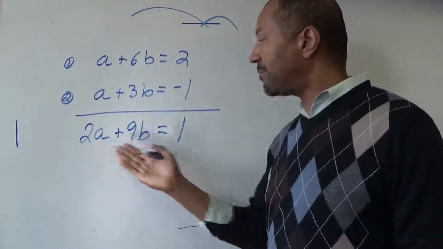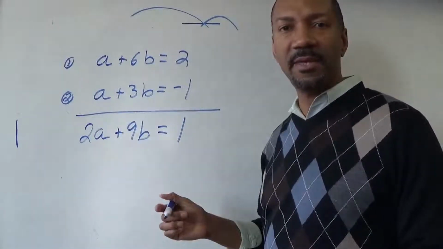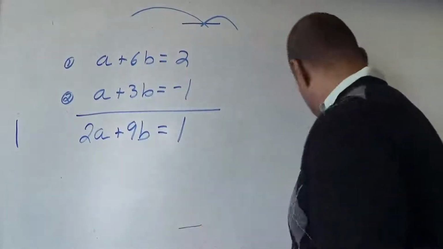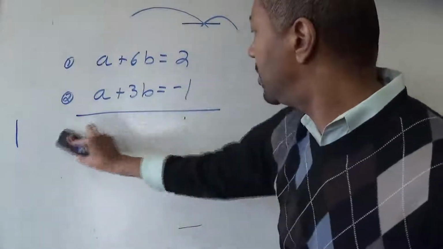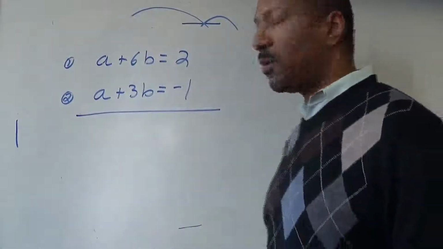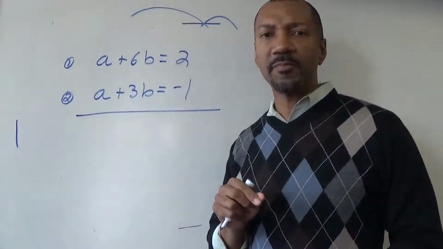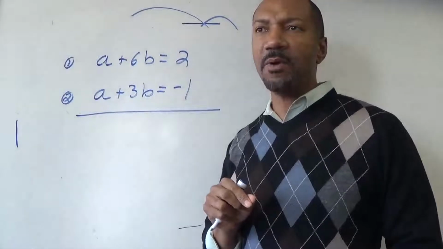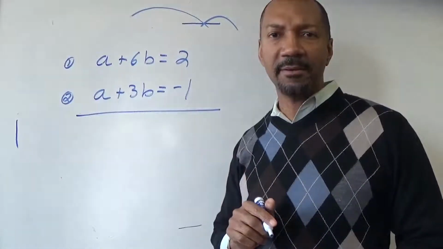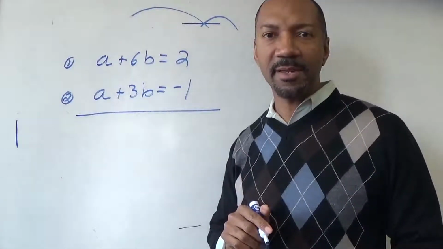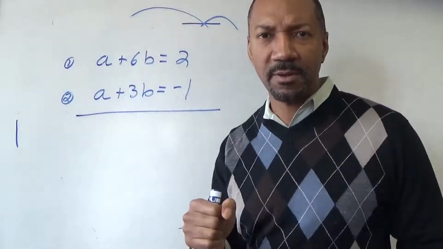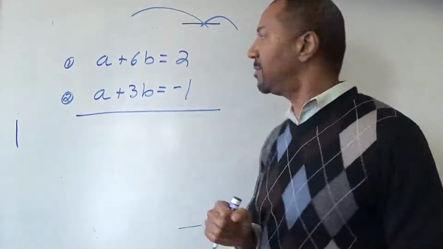You still have two variables to contend with, and so we're going to do a move so that when we do add both equations up, we're going to force one variable to drop out.